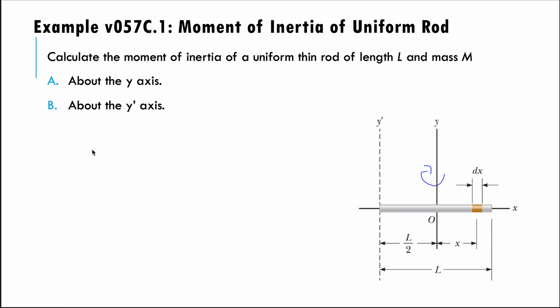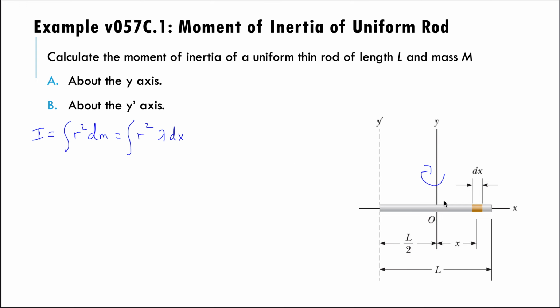Well, what we can do is write down the expression for the moment of inertia. I equals the integral of r squared dm. And then we have to make our substitution. We just learned in the video that when an object is a line, so one-dimensional, we make the substitution lambda dx for the dm.